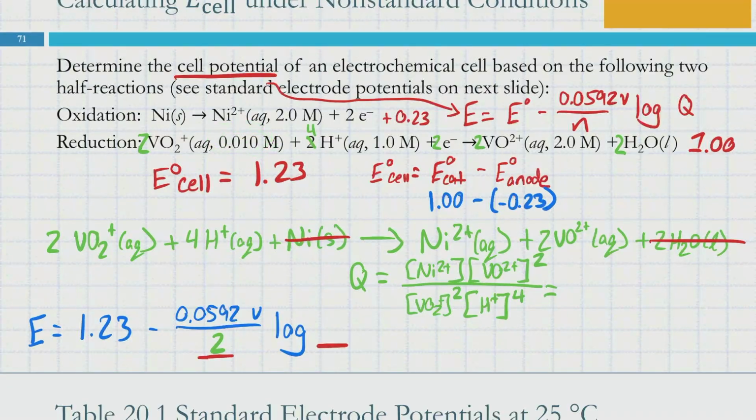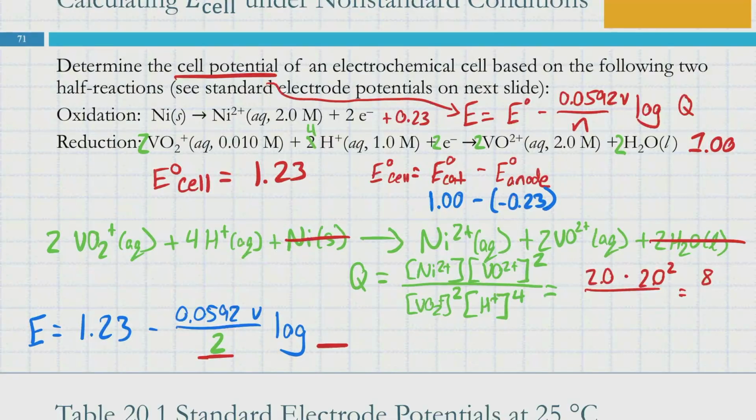And we have values. We've got all these concentration numbers. So we get to plug those in as well. So we're going to have our concentration of nickel 2, which is 2 molar, 2.0. Our concentration of VO2 plus, which is 2.0 squared. That's going to be an 8 on top.